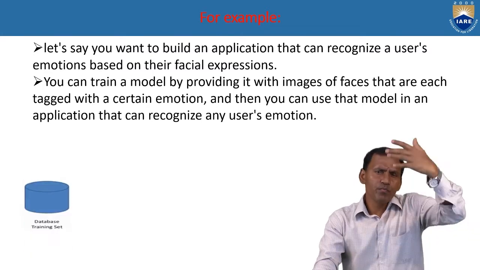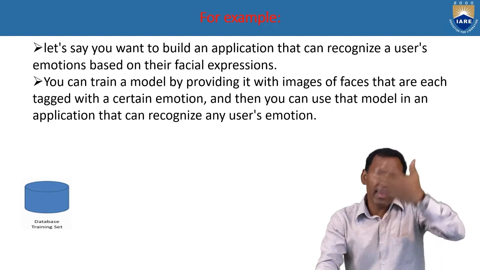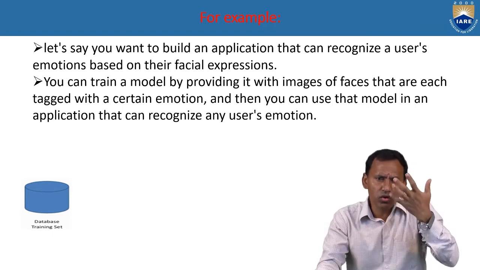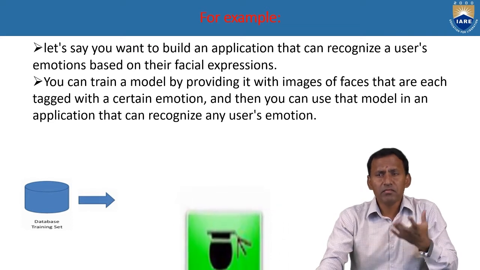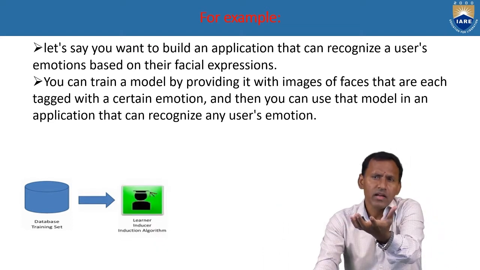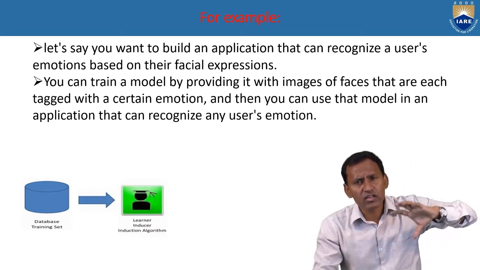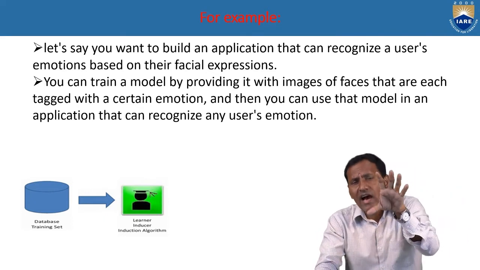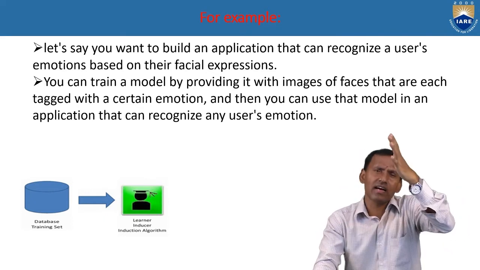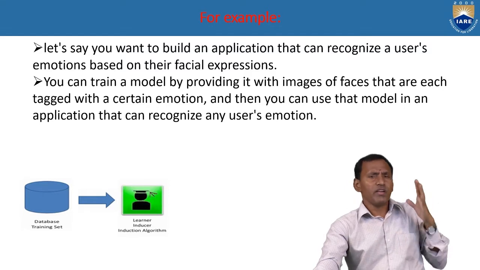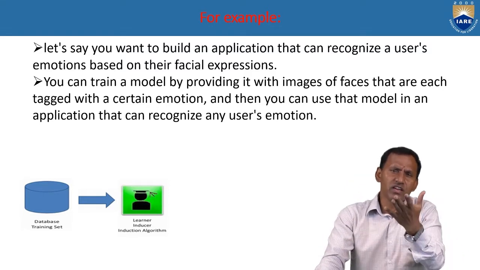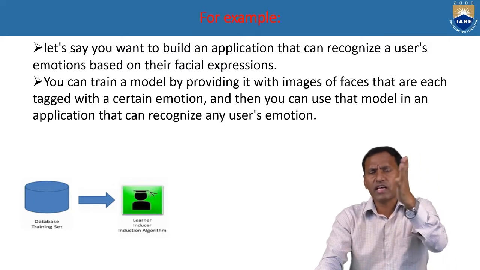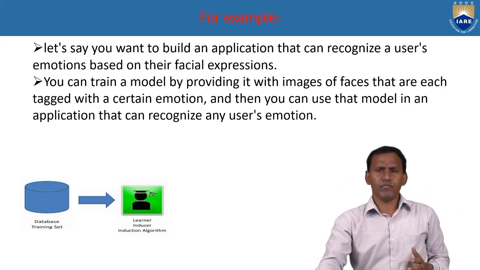Now we have to gather the database, the sources, the input. Then we have to build the model and train the model. Then we have to select a learning algorithm based on the type of learning. For example, if you are developing using a supervised learning algorithm, we can select a naive Bayes learning algorithm.